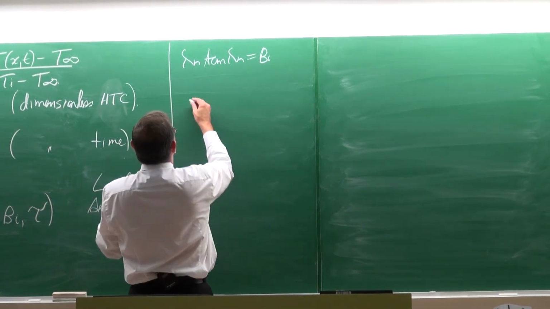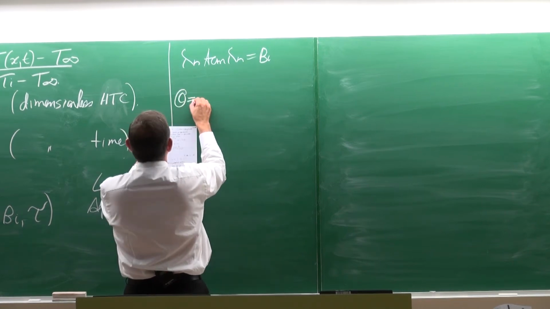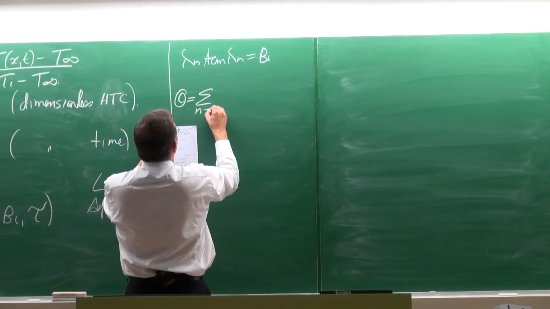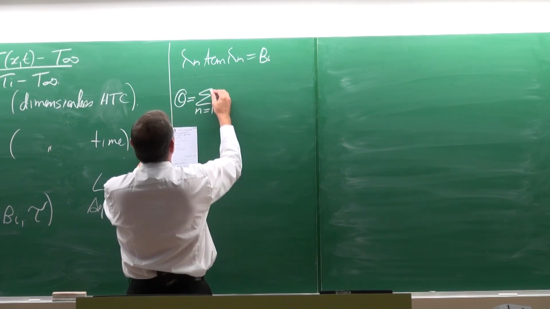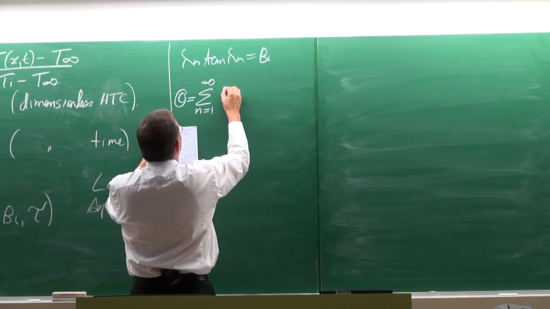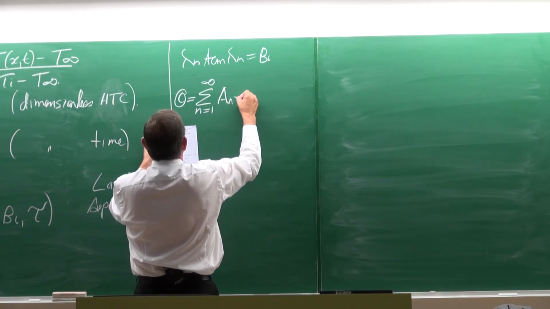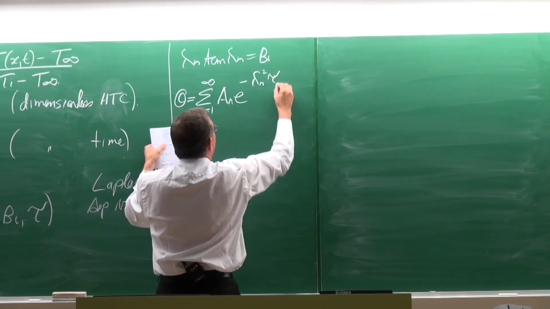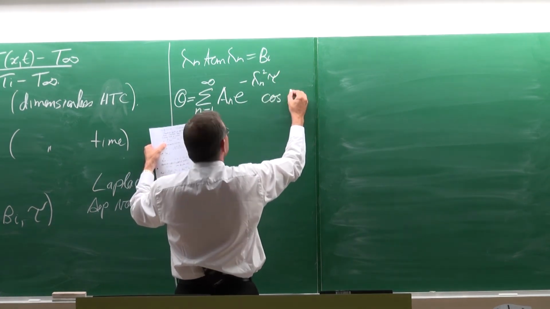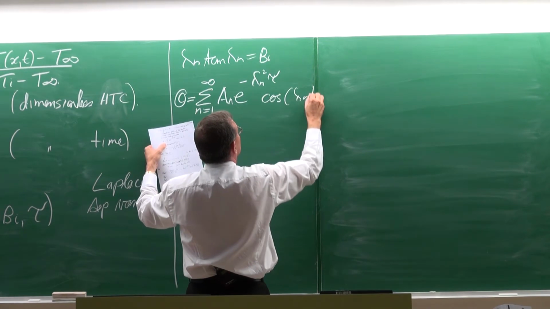Then the next thing that's part of the solution is the non-dimensionalized temperature, theta, which can be written as the sum from n equals 1 to infinity of An e to the minus lambda n squared tau, multiplied by cos of lambda n x.